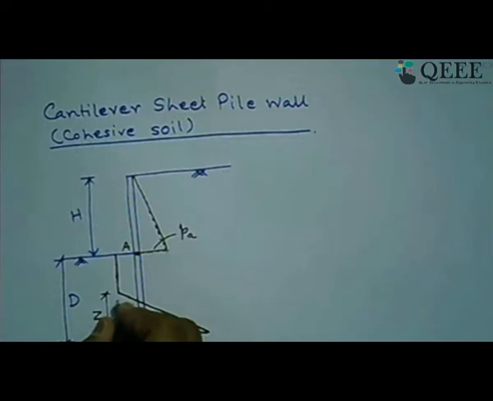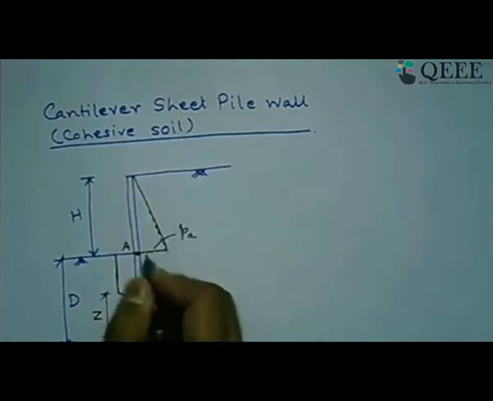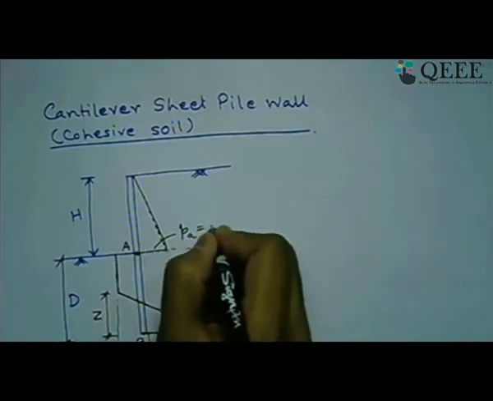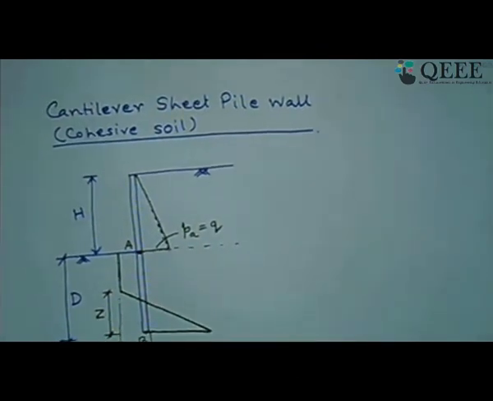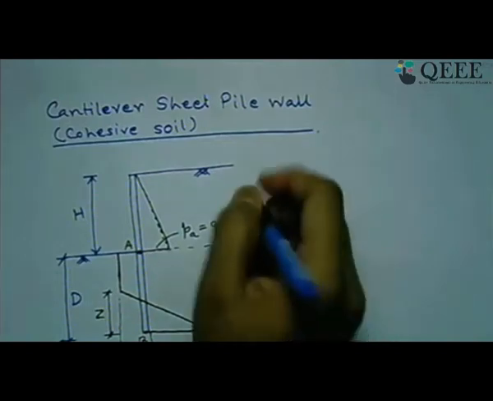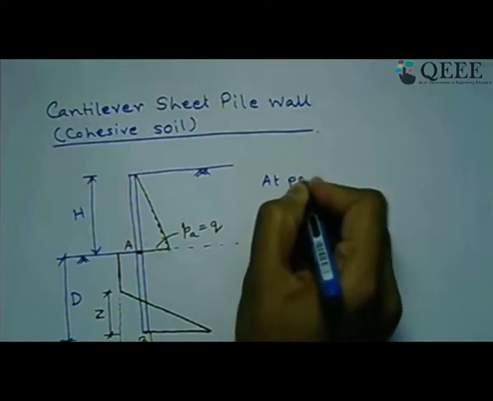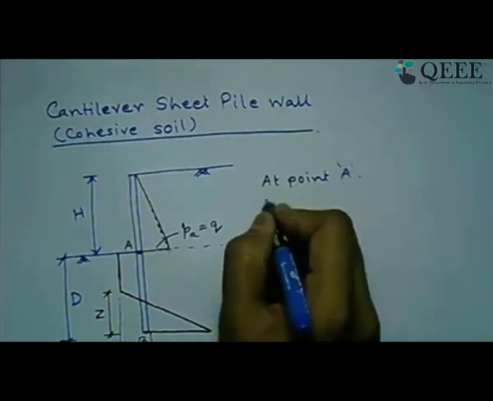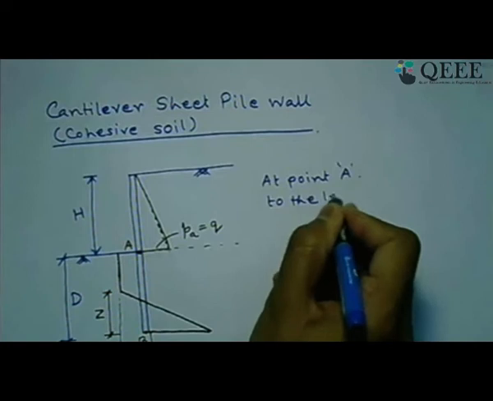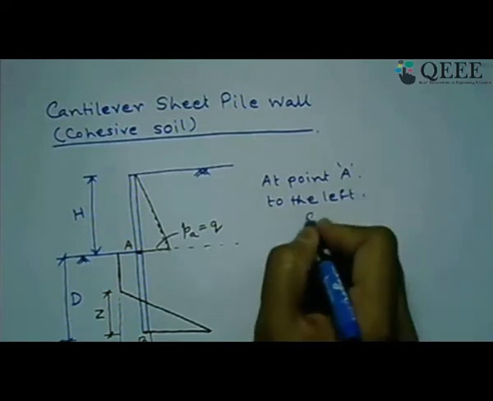Now how much is the value of this one and how much is the value of this one, let us try to find out. So whatever earth pressure is acting up to this level we can consider as a surcharge. So this we can say equal to the surcharge Q. Now below the dredge line the effective pressure is Q, but at point A what happens? Let us see. At point A, if we say to the left side of point A, what is the surcharge?